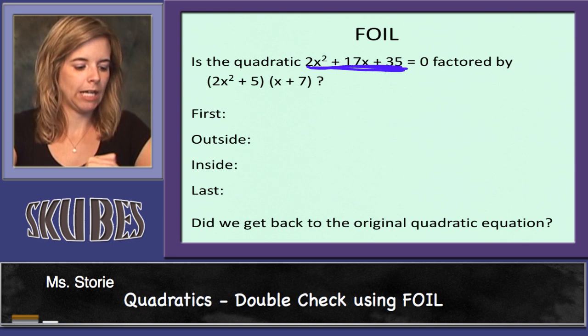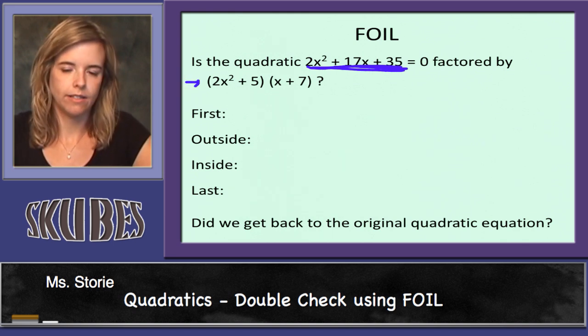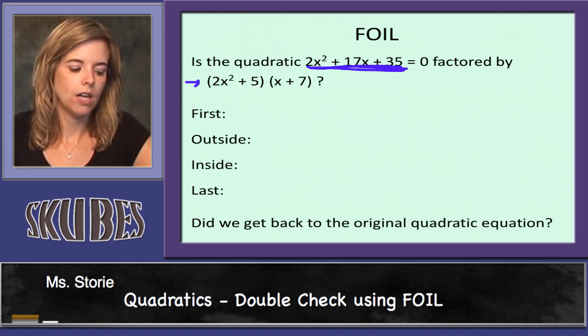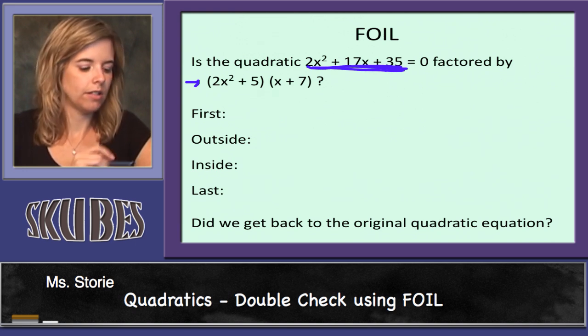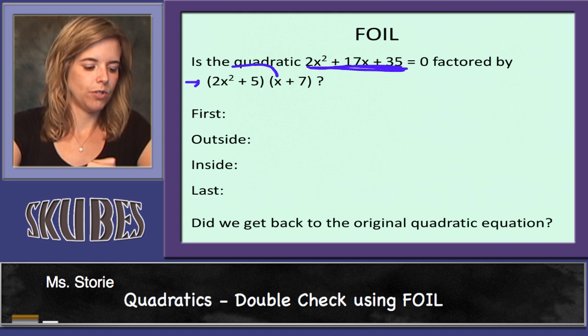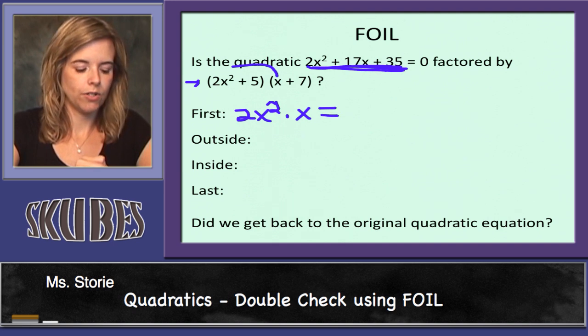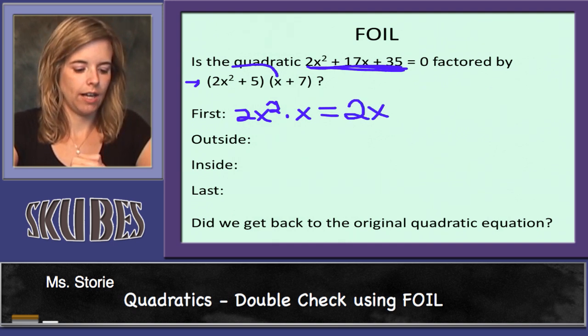Let's try another one. I'm giving you this problem and I'm asking you, is this the correct answer? 2x squared plus 5 times x plus 7. In order to figure that out, we're going to do FOIL. So let's do first, which is 2x squared times x. Multiply coefficients, so that's 2 times 1 is 2, but add exponents, so you've got x to the 3. Now let's do outside.